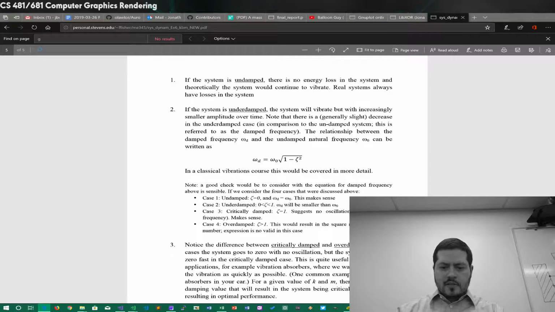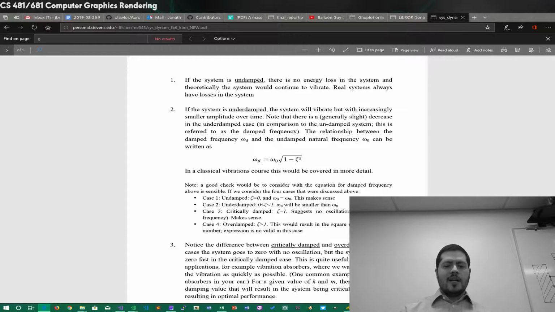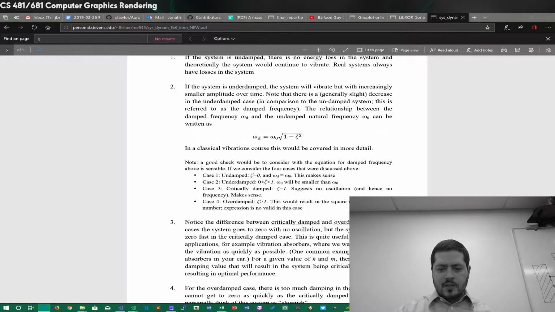And critically damped, that's 1, suggests no oscillation, and hence no frequency. So in other words, it goes to a nice perfect stop. And if it's greater than 1, then we're going to end up with a square root of a negative number. So you can't technically use the system of equations to solve this problem because of that aspect.